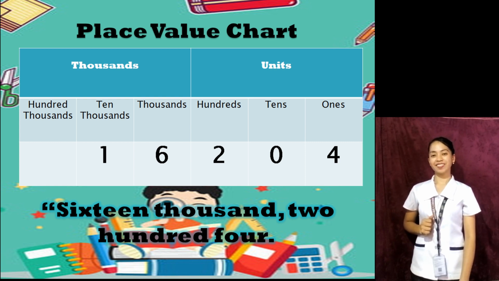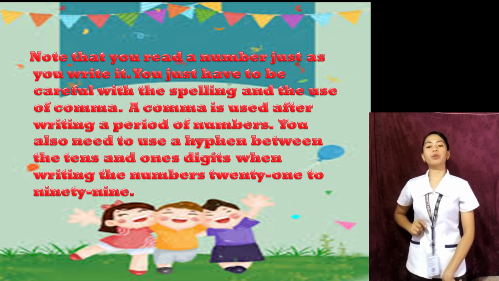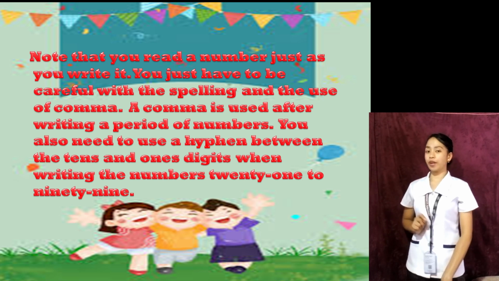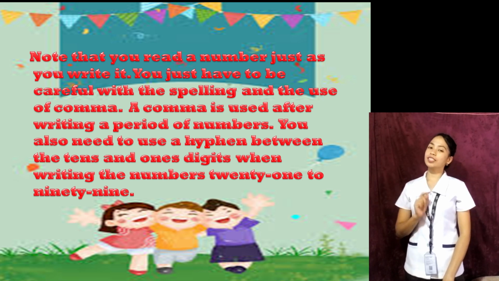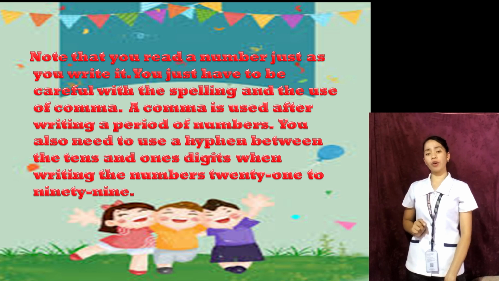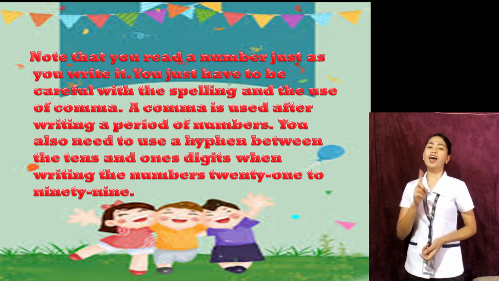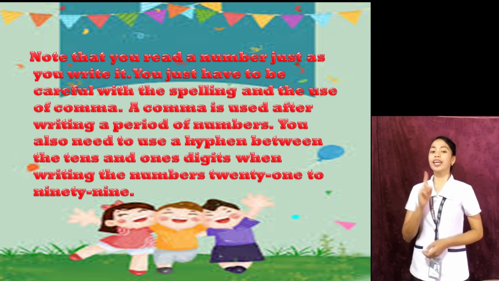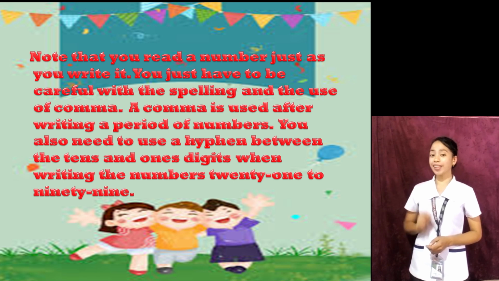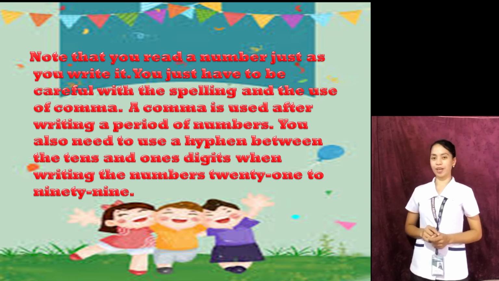Okay? Note that you read a number just as you write it. You just have to be careful with the spelling and the use of comma. A comma is used after writing a period of numbers.